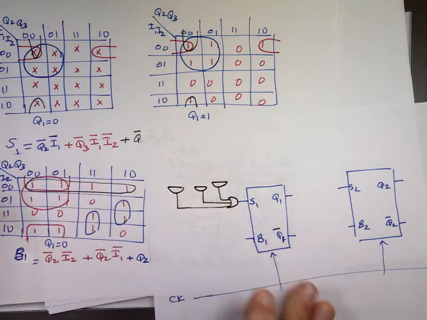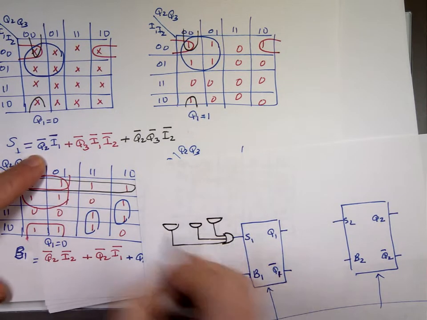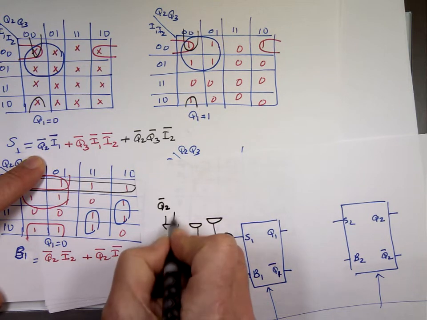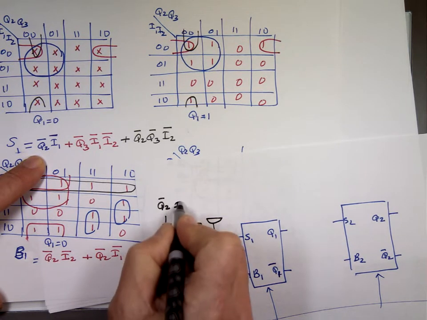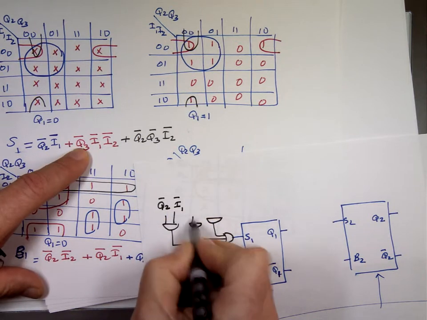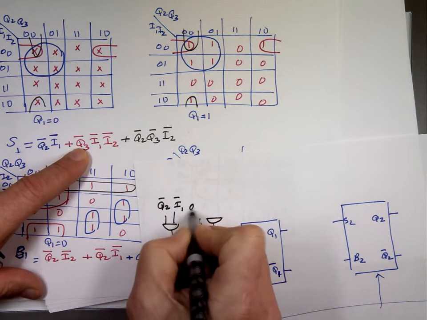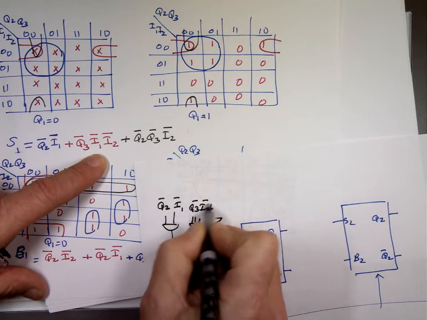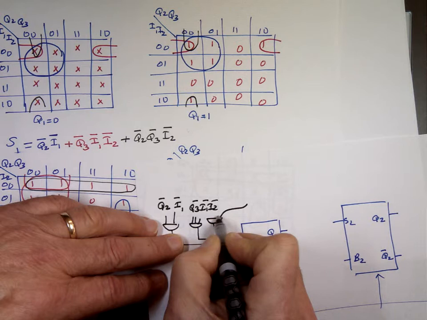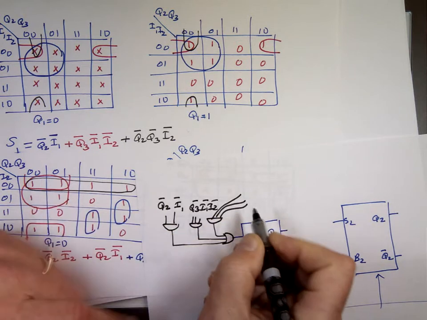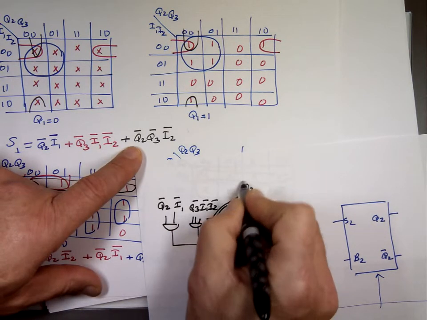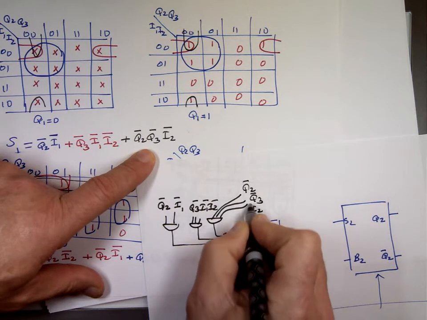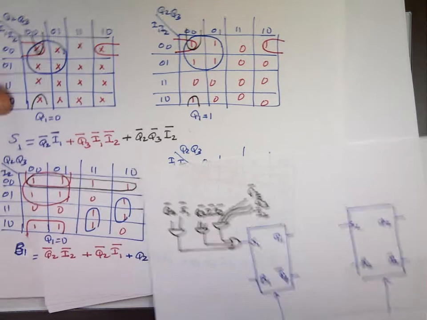And what's going to them? That's just S1 is going to be Q2 not and I1 not. I'm not going to draw the wires. There's no way. That will look ugly. This will be 3 inputs here. Q3 not, I1 not, I2 not. And this one is going to it what? Q2 not, Q3 not, and I2 not.